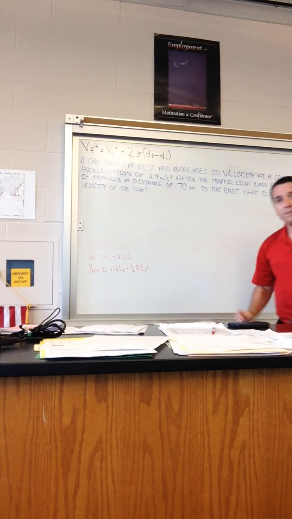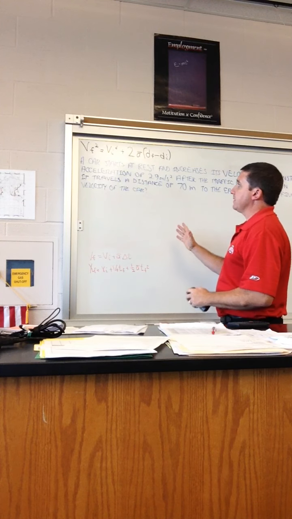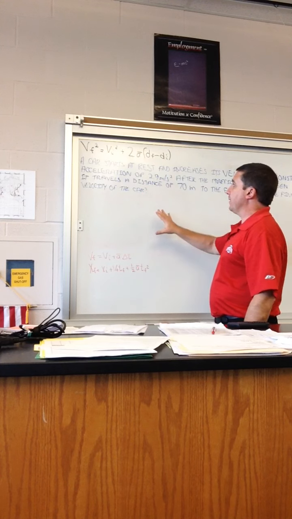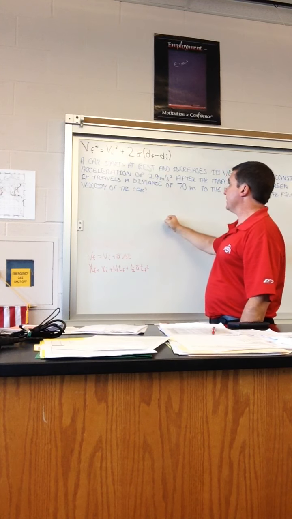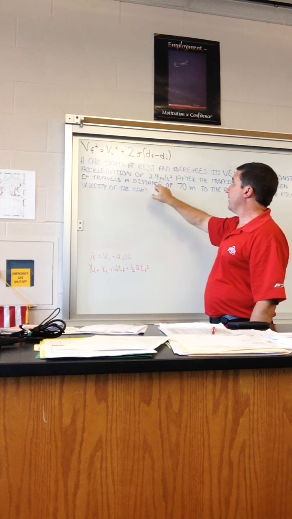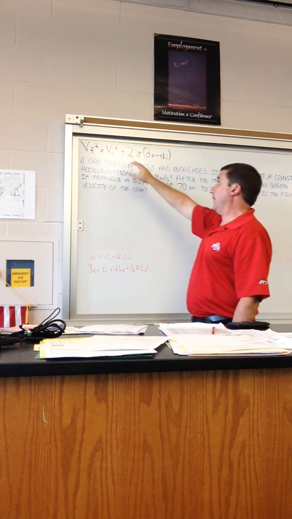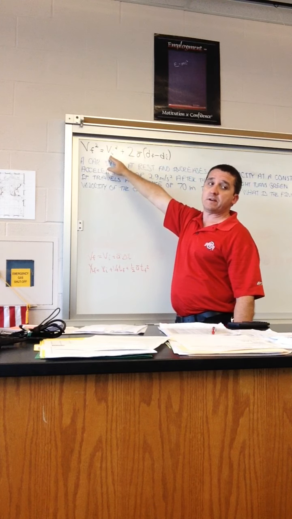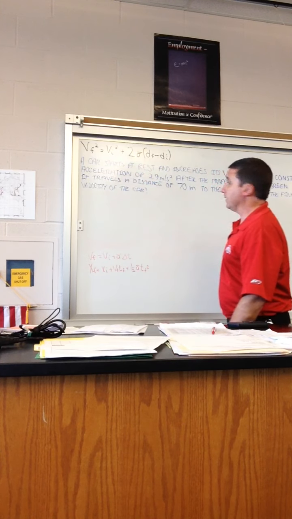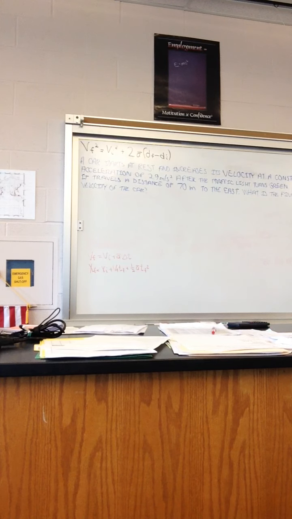And remember, what we're finding here is, given all this information, we want to know, again, what's the velocity of the car given the circumstances, given the conditions, the rate of acceleration and the distance traveled. And sometimes the initial velocity here won't be zero. All right, and that's what I'm going to show you here in just a second.